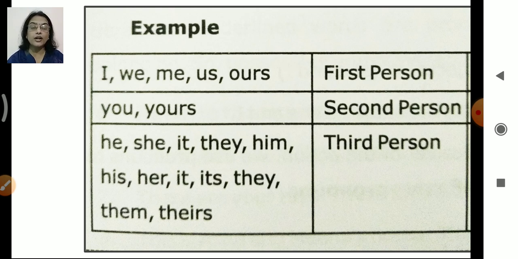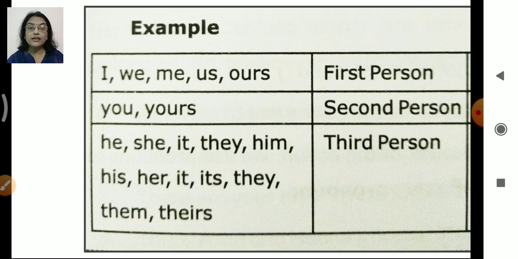They all are called first person. Now what is first person? The first person refers to the person speaking, the one who is talking, the one who is doing all the speaking part. And then you, yours. So it is the second person. That means it refers to the person spoken to, whom you are talking to.